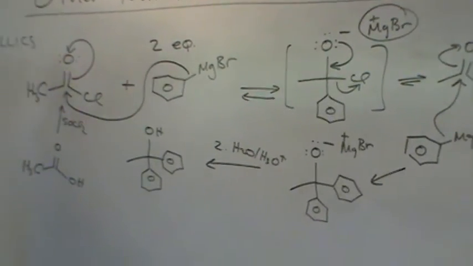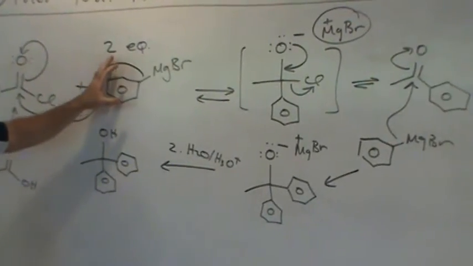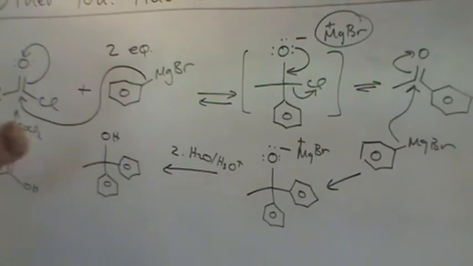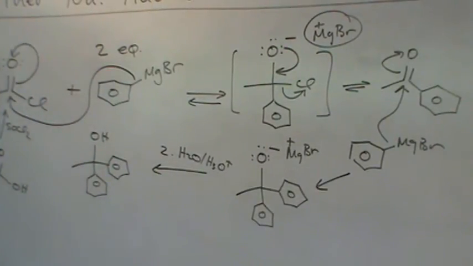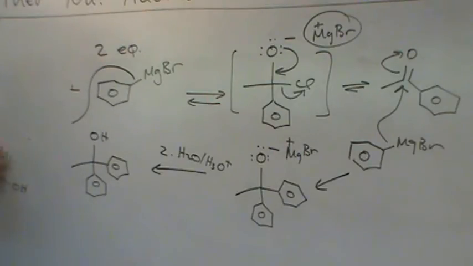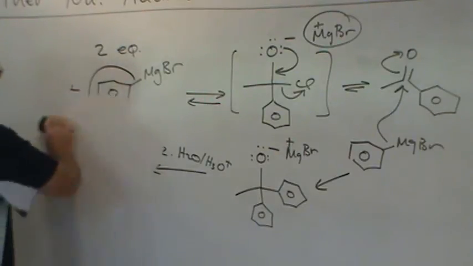Starting with an acid chloride, we can add 2 equivalents of an organolithium or a Grignard reagent in order to produce the corresponding alcohol. Let's look at another example of this to make sure that we understand what's going on here.